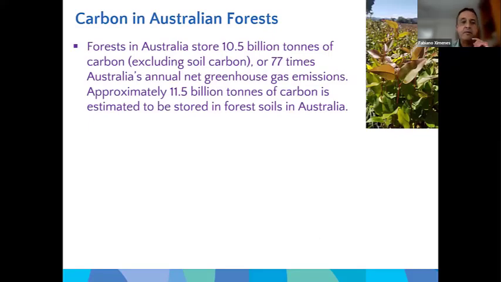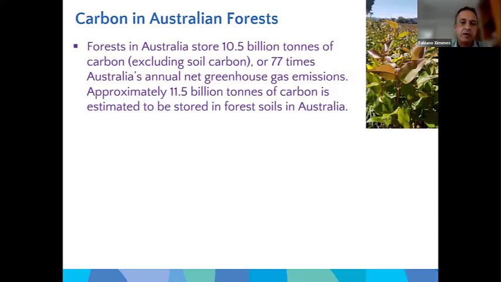Now, in the guide, there are a range of different facts and figures around carbon in Australian forests, which can be quite helpful in understanding the current picture from an Australian forest perspective. The first key element to mention is that forests in Australia store in the vicinity of 10.5 billion tons of carbon, and that does not include soil carbon.